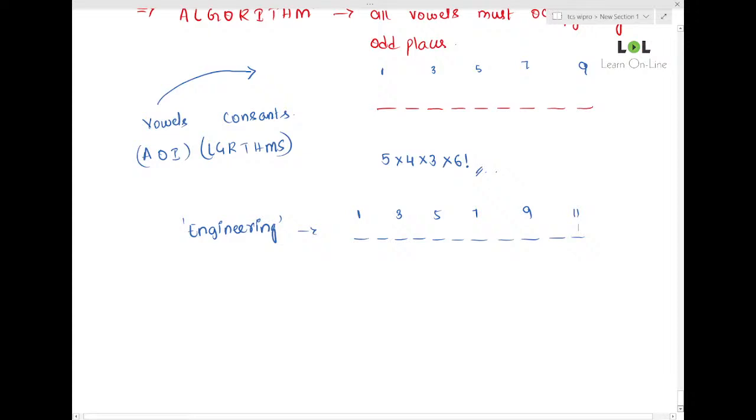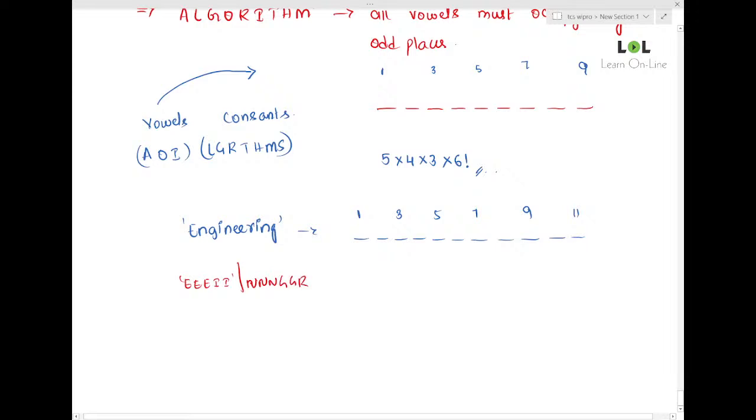You tell me. 6 odd places are there. Now let us check our vowels first. Totally 11 letters, out of which vowels are E, E, E, I, I. Again, consonants are N, N, N, G, G, R.